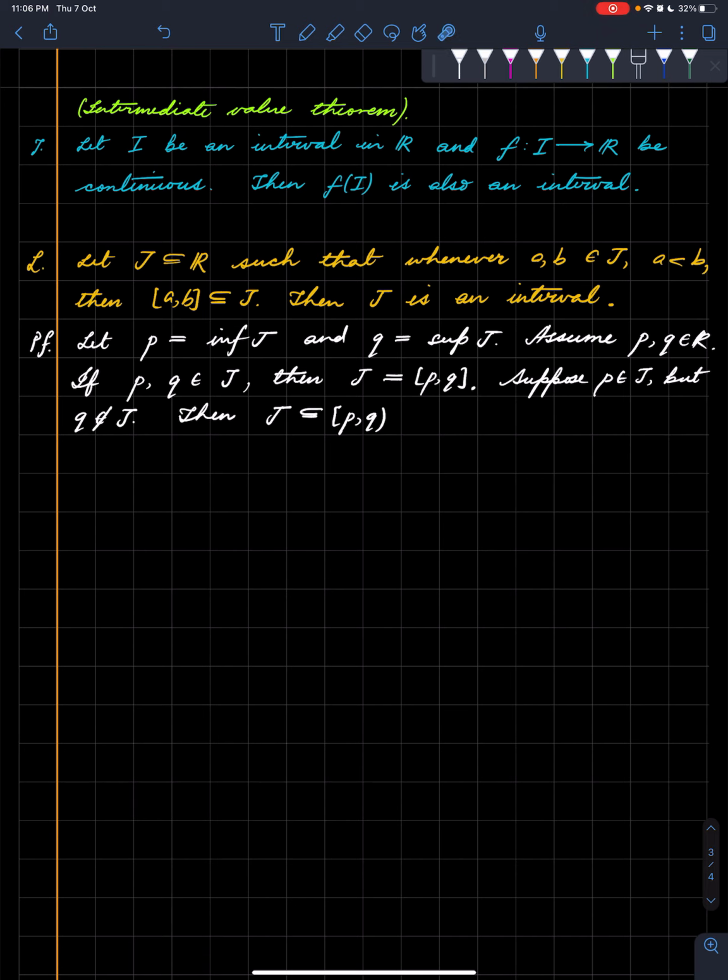Nothing in J can exceed Q and nothing in J can be less than P. And by the assumption that Q is not in J, nothing in J can be equal to Q. So everything in J should be contained here. However, the interval from P to Q minus epsilon is contained in J for each epsilon.